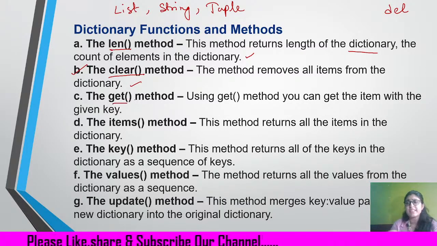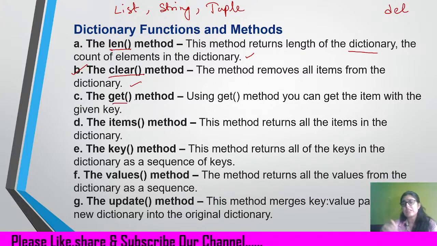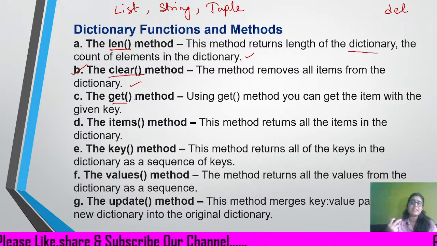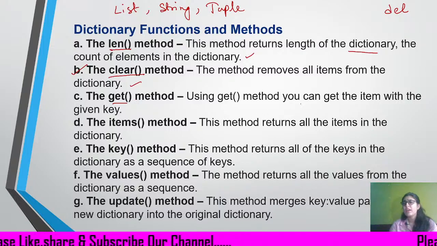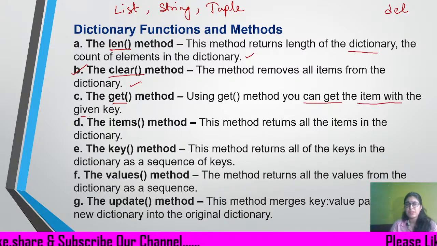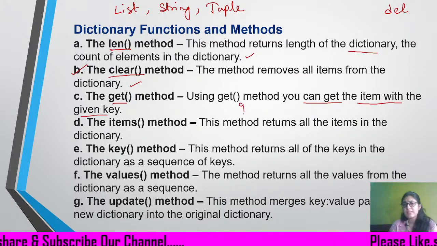Get means getting something, isn't it? The get method will get you the item with the given key. Suppose inside this get method you give a key, that is 1.